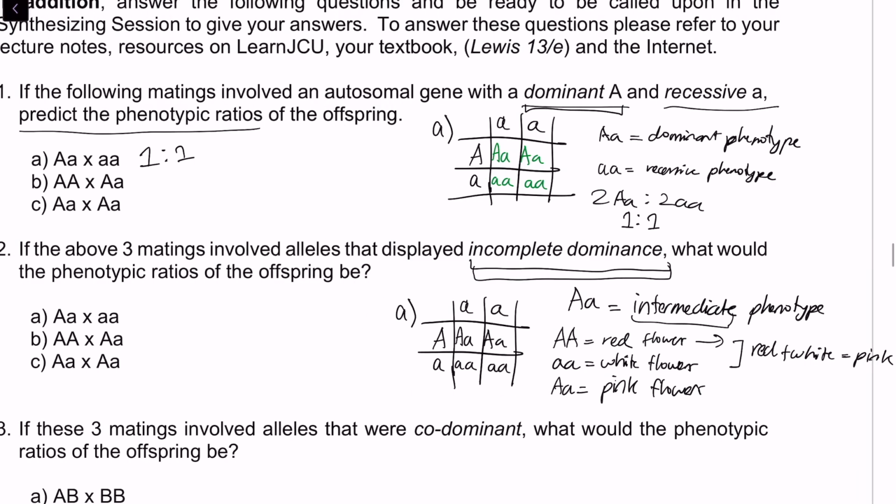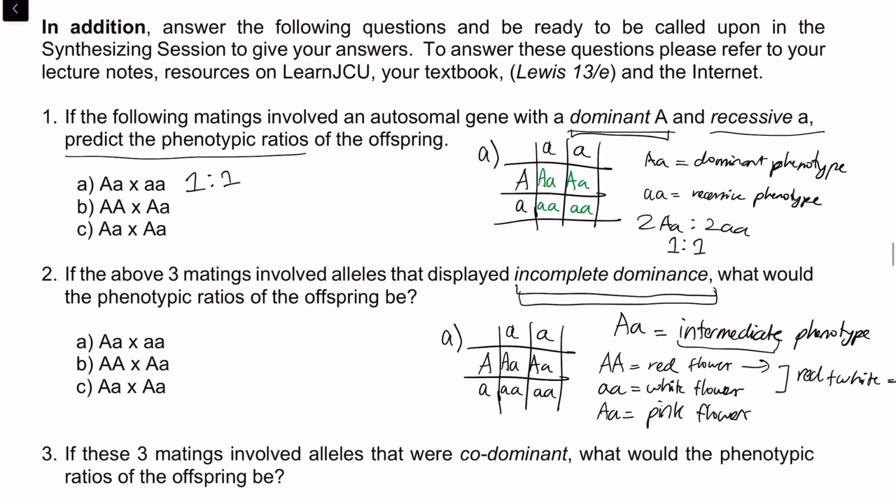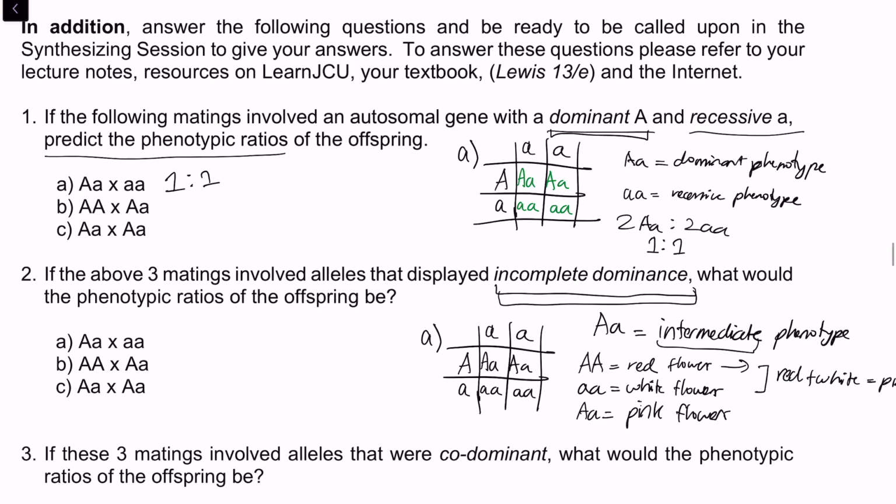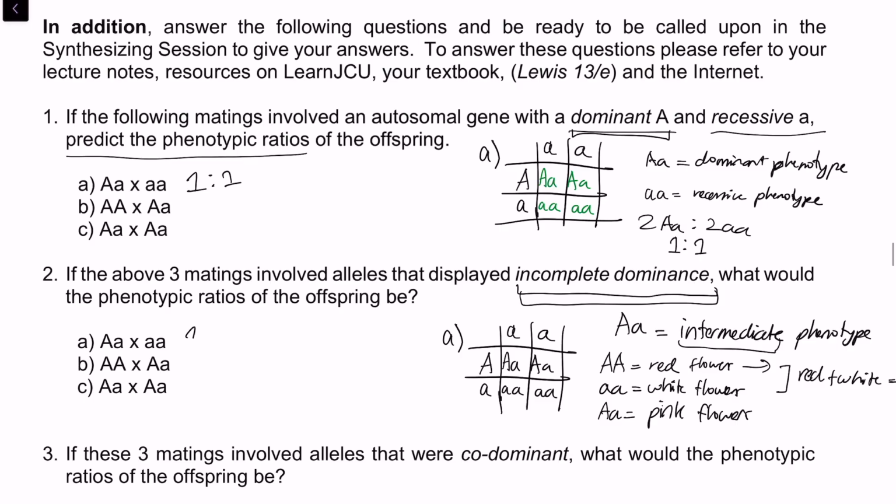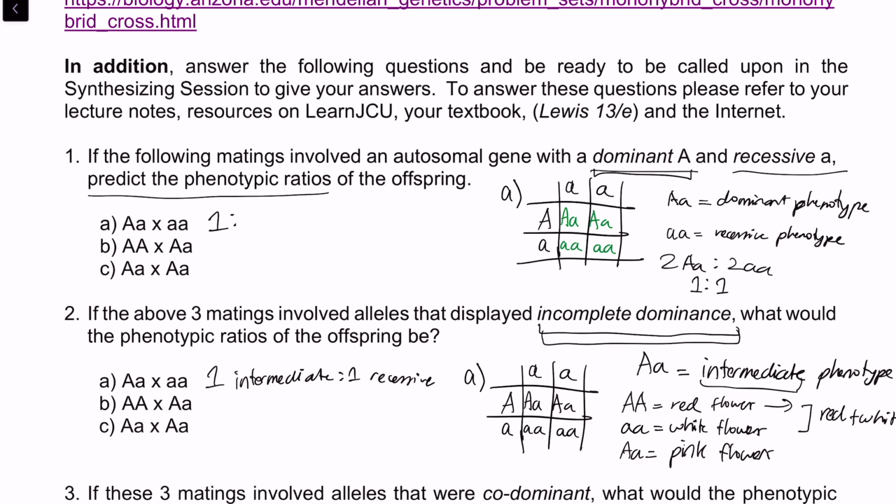And so for this one, we actually have it still be a 1-to-1 ratio, but we have to be specific in saying 1 intermediate to 1 recessive. And I should actually be more specific on question 1 here.